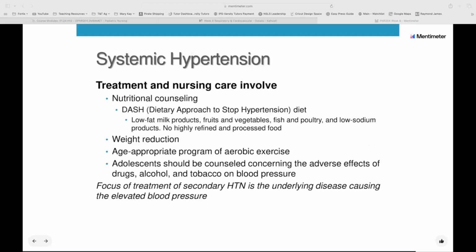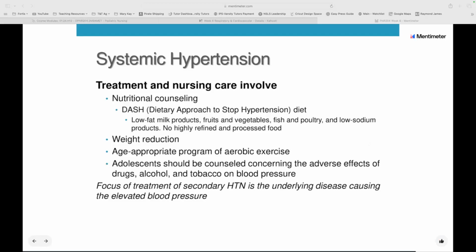When we're looking at systemic hypertension in our pediatric population, we are really focused on nutritional counseling, weight reduction, and increasing exercise. So we're really going to be looking at if there's an underlying disease that's causing an elevation, and then making sure that we're promoting those healthy activities. So just like in adults, we can use the DASH diet.